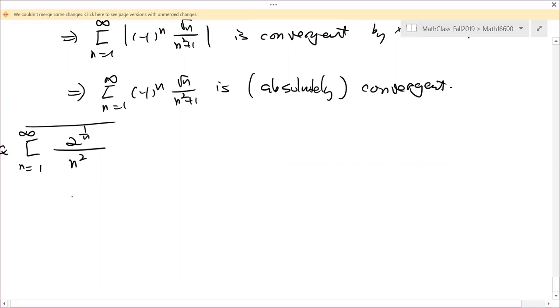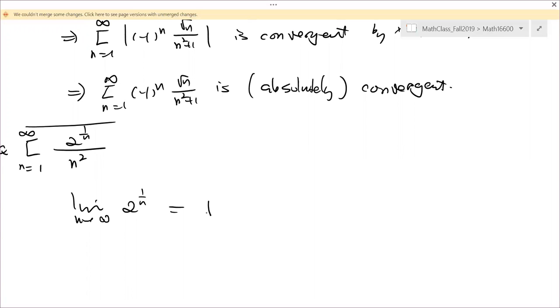The reason is the limit of 2 to the 1 over n is going to be 1. So the numerator changes, but it's almost equal to 1. This is the important fact: the limit of 2 to the 1 over n equals 1.